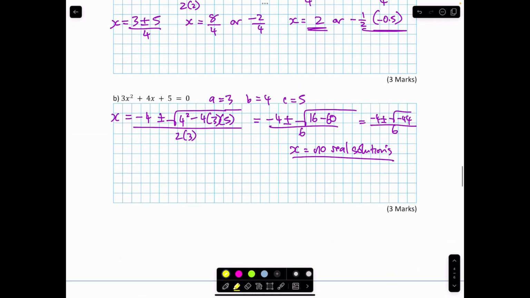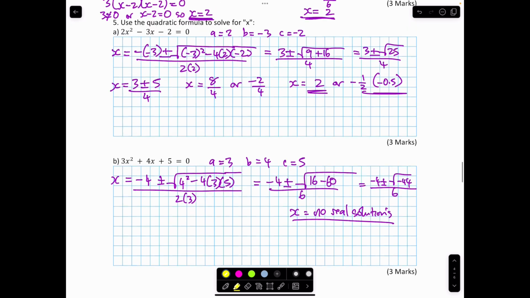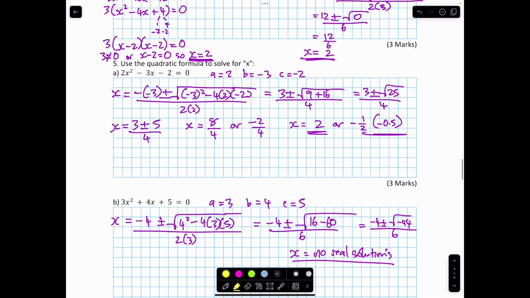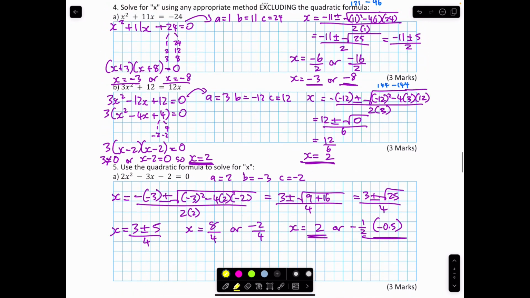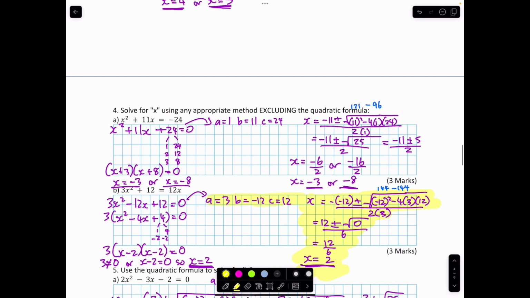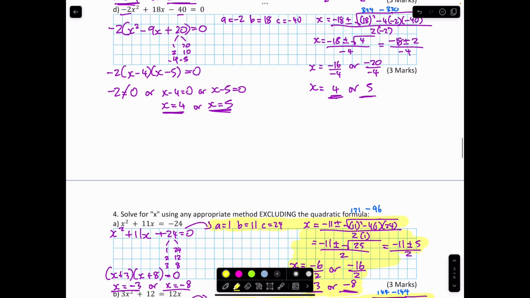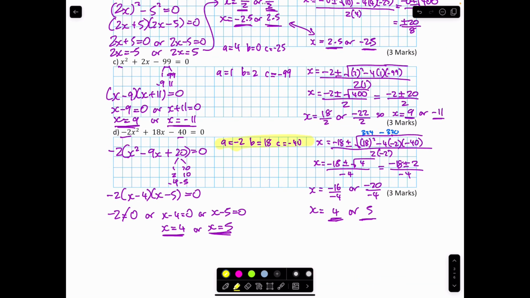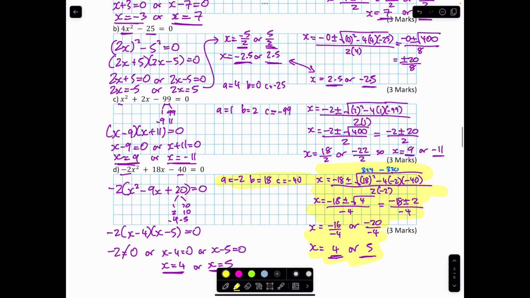So I've shown both ways. These you are asked to do quadratic formula, sure, so you have to do that. This one, optional. This one, optional. Quadratic formula, if that's all you can do. Optional quadratic formula on the right.